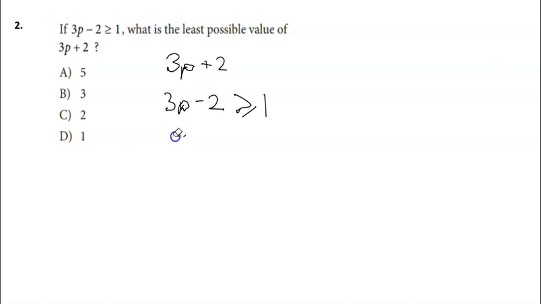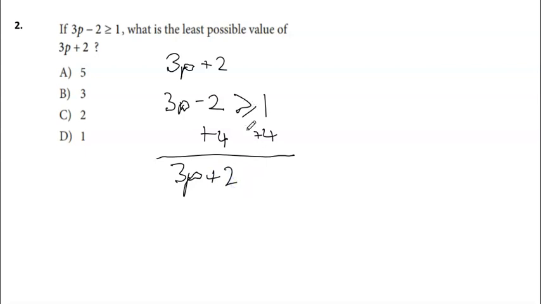One moment, so I erase this. And I say, if I do plus 4 here, and then plus 4 on the right-hand side, what happens? So I'll have 3p, which is already there, and then I have minus 2 plus 4, which is plus 2.